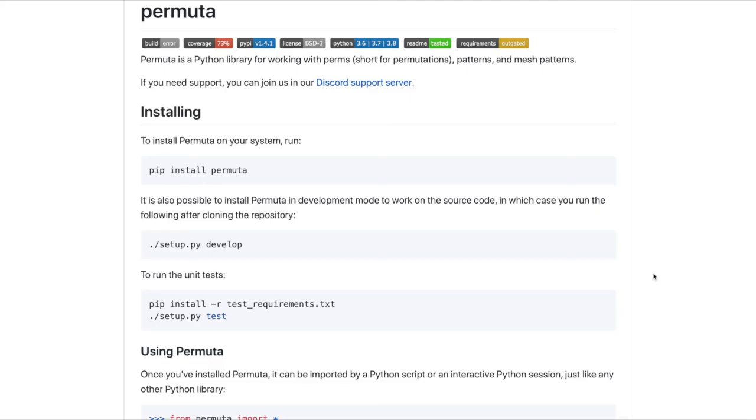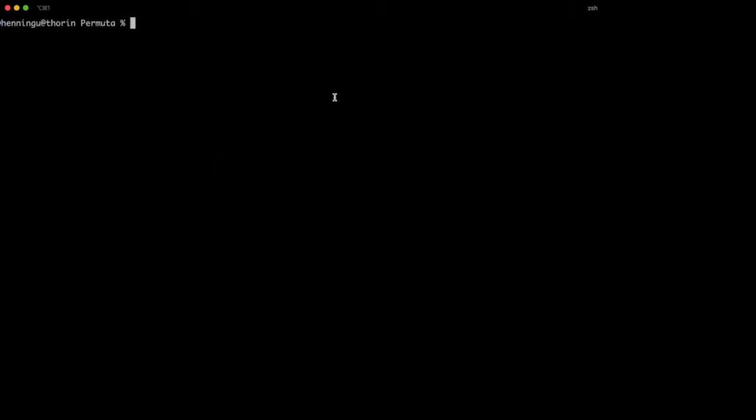Programming, and we'll use Python and the Permuta library to do it. You can get Permuta from GitHub or just doing pip install Permuta. If you run into any issues, you can ask us for support on our Discord server and we'd be happy to help you. So let's fire up Python and Permuta.